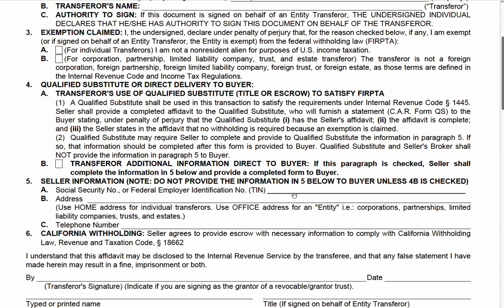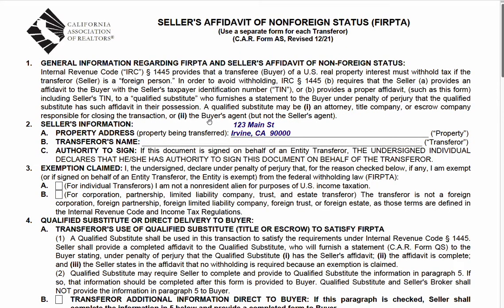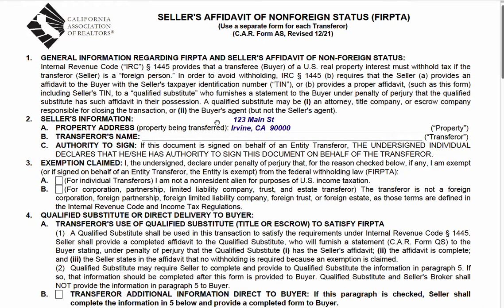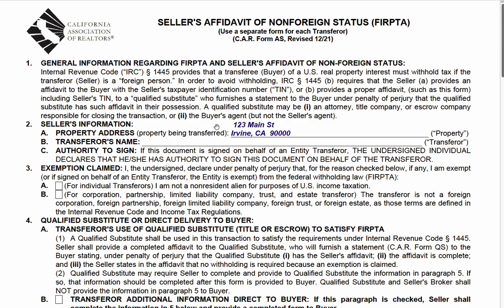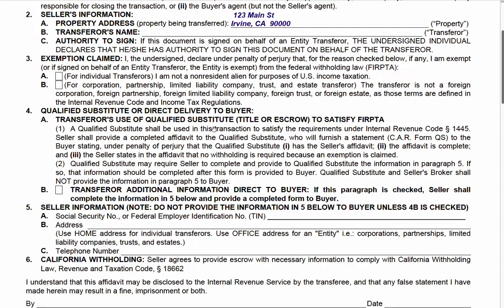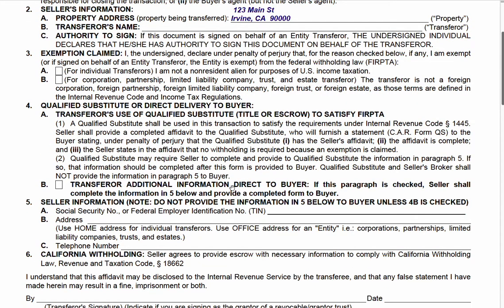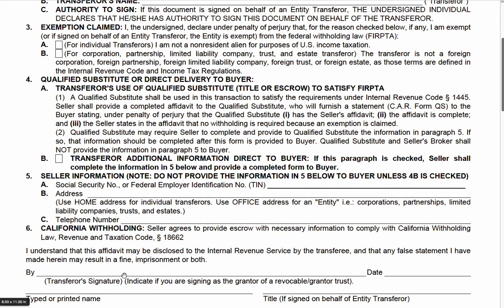I don't have it. It's your obligation, because this is your ticket to getting out of a complete mess if the seller does not pay the withholding tax. If the buyer can produce this and say, we collected all of this in good faith, we have a signed affidavit by the seller and all of their tax ID information, there you go, IRS, leave me alone.